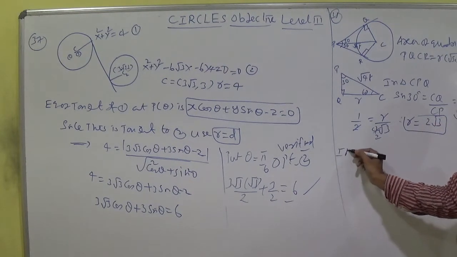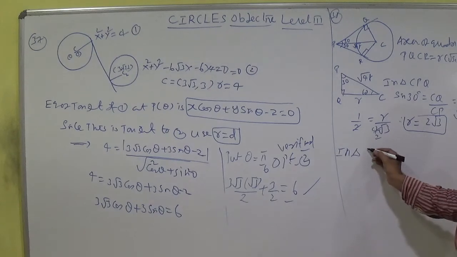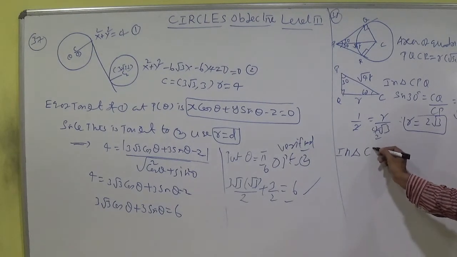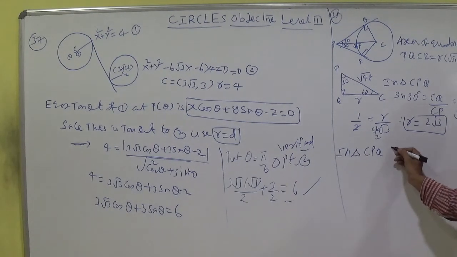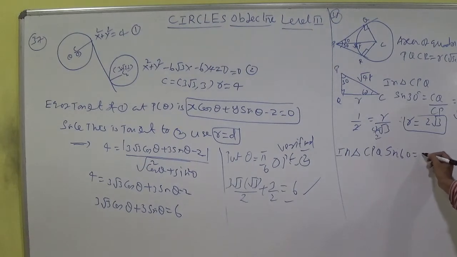Now in the same triangle CPQ, we can take sin 60. Sin 60 is equal to PQ by root 48.